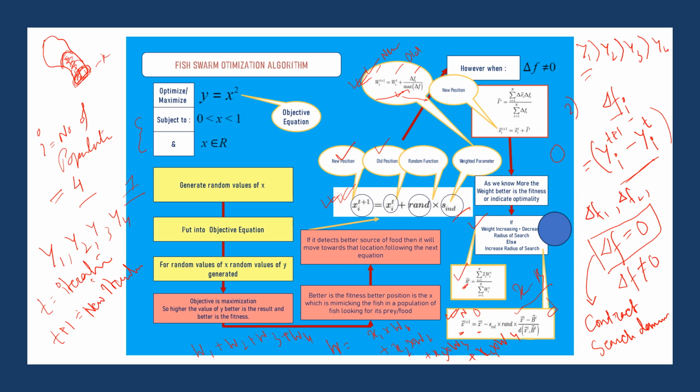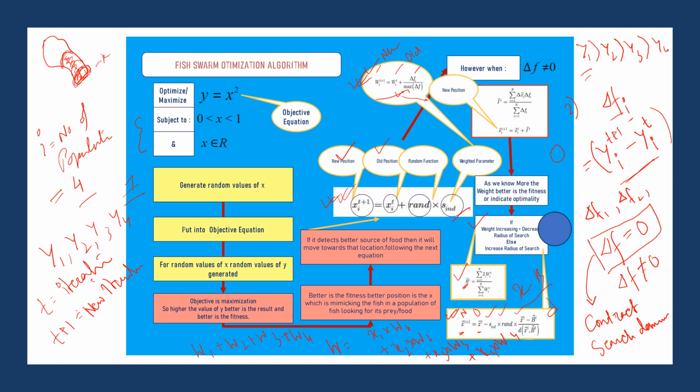But when we want to increase the search domain, what we are doing is calculating the new position by adding to the old position the product of weight parameter, random function, and the difference between x and b in the numerator divided by the distance between x and b in the denominator.